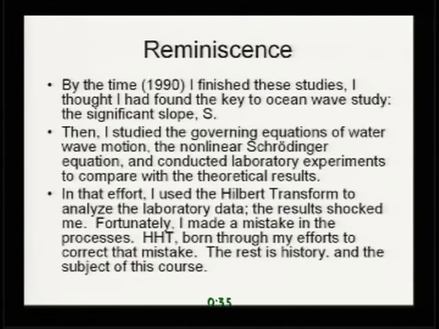What's the mistake I made? I took the laboratory data and just made a Hilbert transformation, because the book says Hilbert transformation exists for L^p. That means any real function you can raise to the p-th power, and the integral is finite, the Hilbert transformation exists.